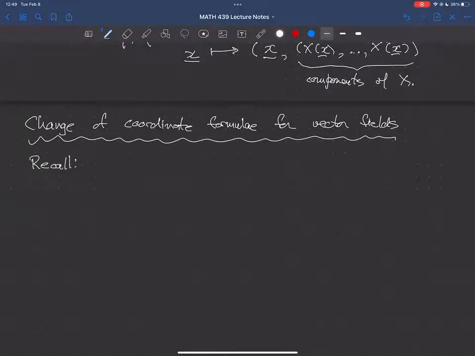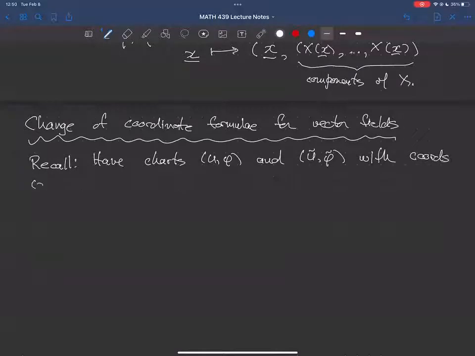Let's say we have charts U, phi and U tilde, phi tilde, and they overlap, which goes without saying, because if they don't, then there's nothing to say. The different coordinates we denote by x and x tilde.